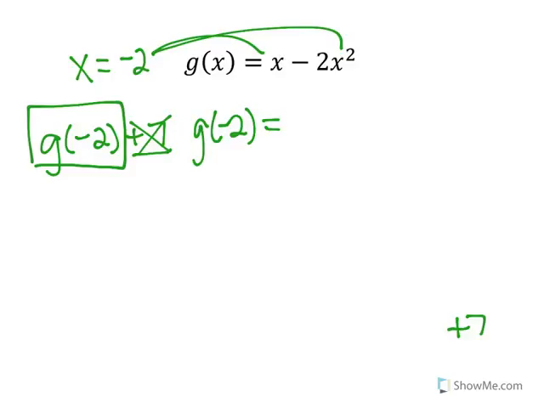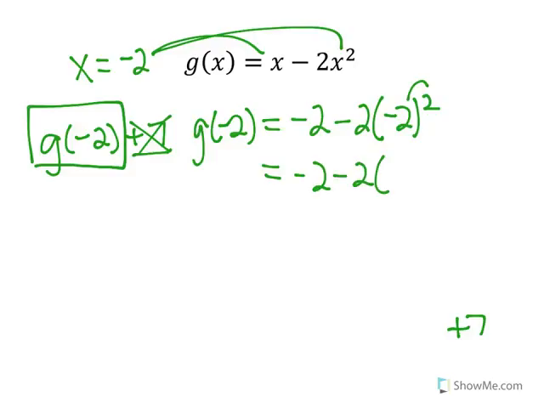So we have negative 2 minus 2 times negative 2 squared. Exponent first, so we get negative 2 minus 2 times, and then this is negative 2 times negative 2.